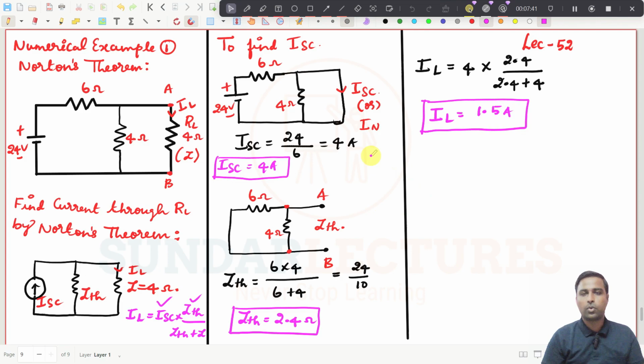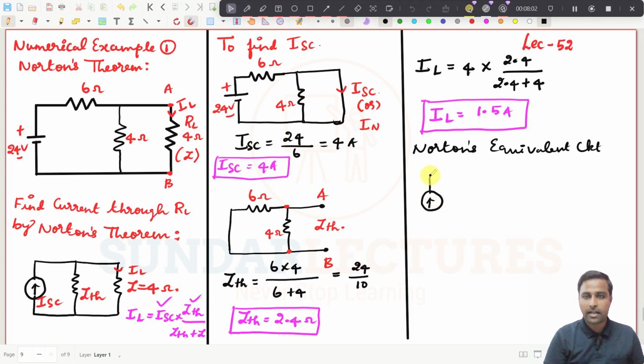Now you can draw the equivalent circuit. Maybe I will draw it again. Norton's equivalent circuit will be this way.